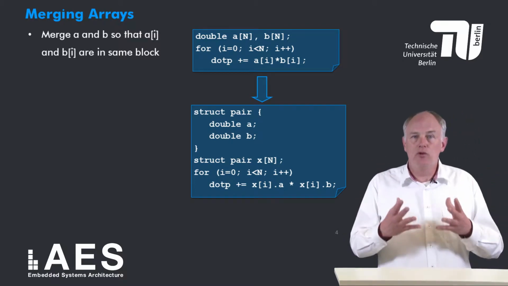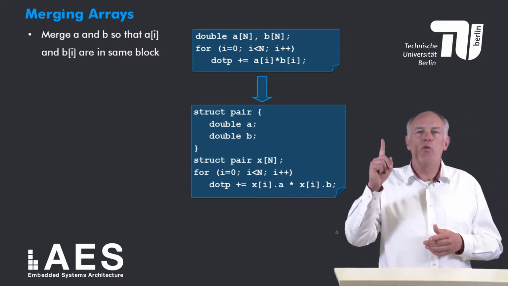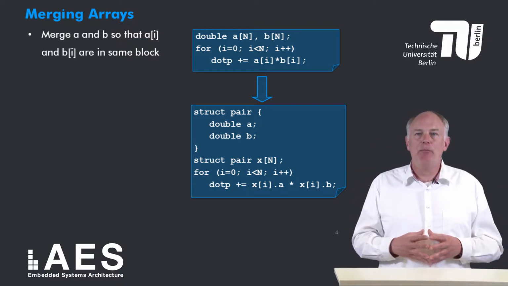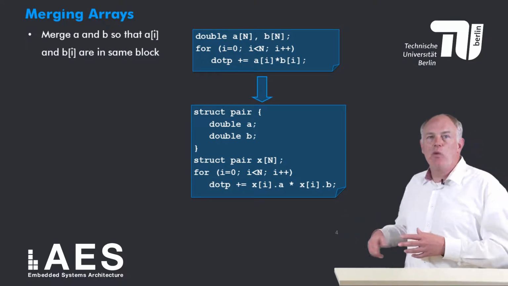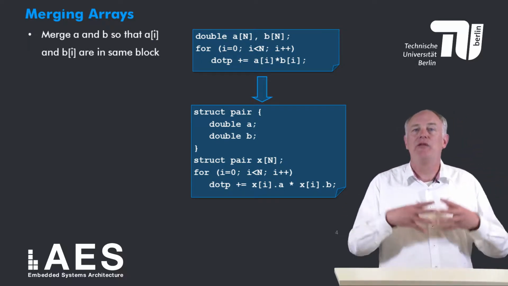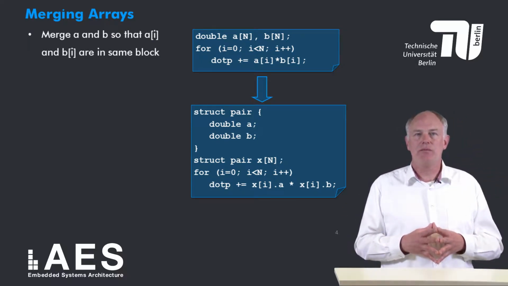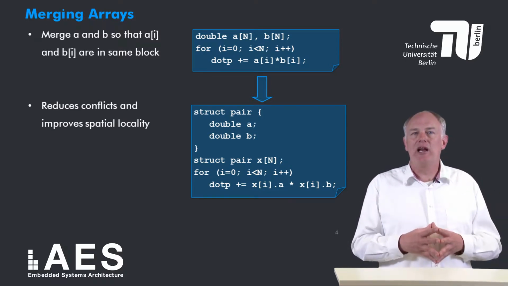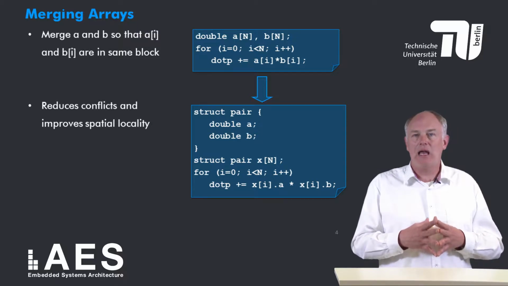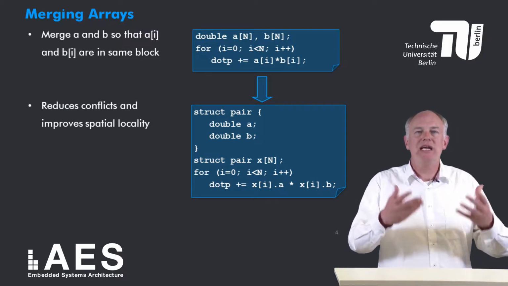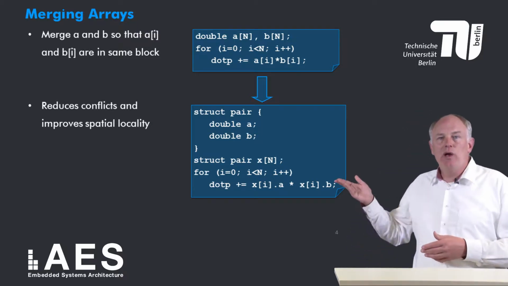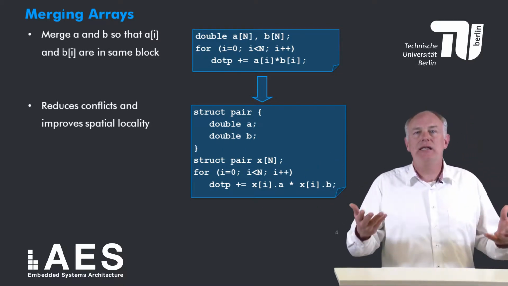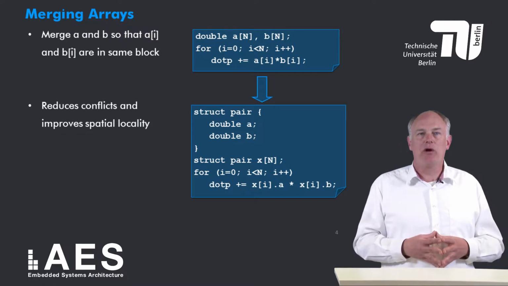Instead of using two arrays a and b, we use one array of structures with fields a and b and modify the code such that one iteration multiplies the fields of a single structure. This technique reduces or eliminates conflicts between corresponding array elements and also improves spatial locality, since when we load the field A, we also fetch the field B, since it is contained in the same cache block as A.